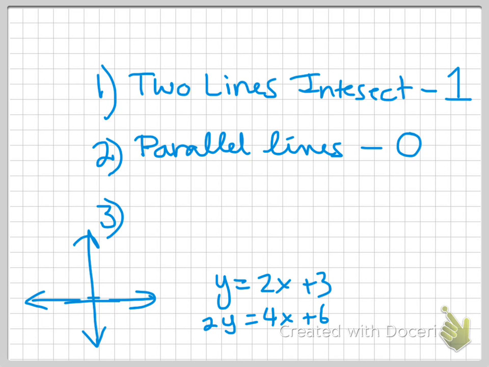I'm rising up. It should have been 3. I'm going to go down 1, 2, over 1, 2.